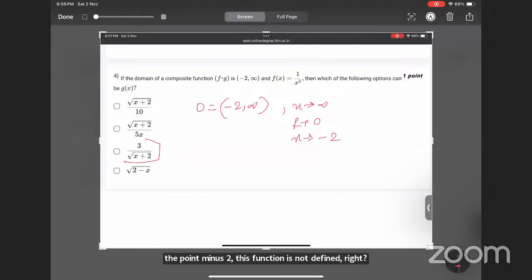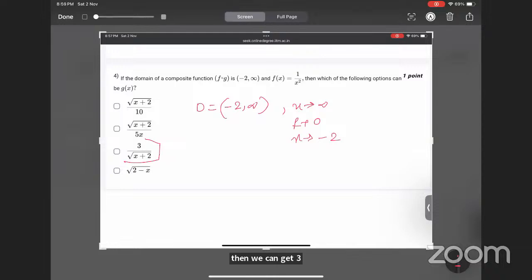If x equals -2, then we get 3 by root over 0, that means 3 by 0. So this is not defined, so you have to exclude the point -2 from the domain.